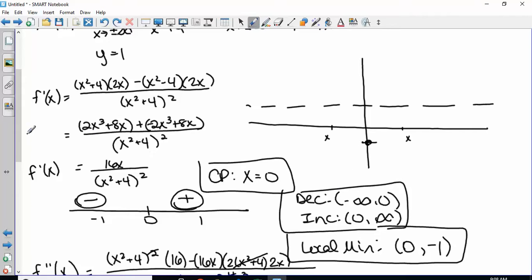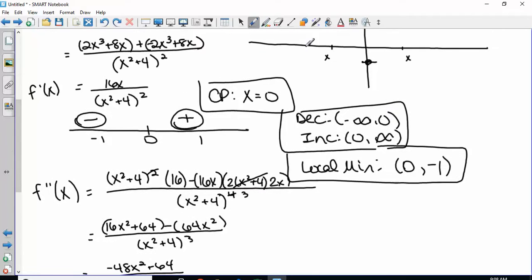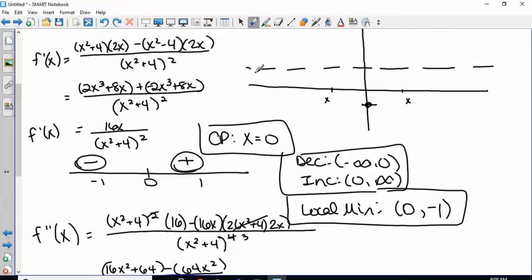We know we are decreasing until we get to this point. Until I get to my X, I have to be curved downward, and we also have to be approaching our asymptote. So decreasing, curved downward. I need to still be decreasing, but now I'm curving upward. The graph is not great. Curving upward. Now we're curving back downward. So it looks something like this.